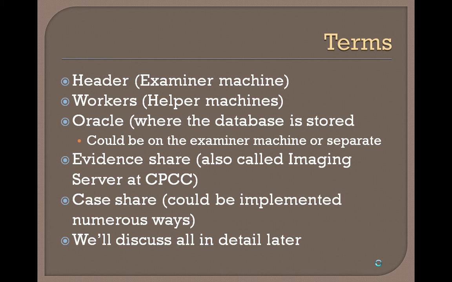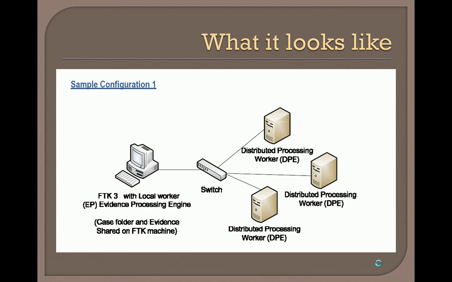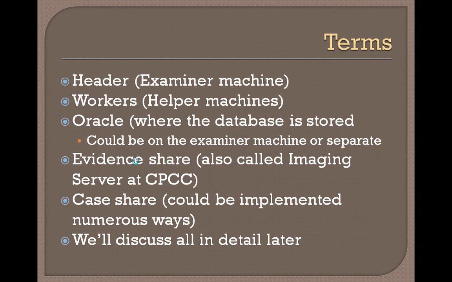It's going to be the main machine where we take care of most of the control functions. We call that a header. Jumping down to the next slide here, you see this machine here, FTK3. This is the header machine, and that's the machine where the FTK full application is installed. So we're going to need a header.